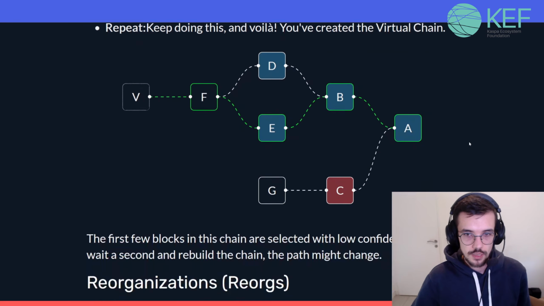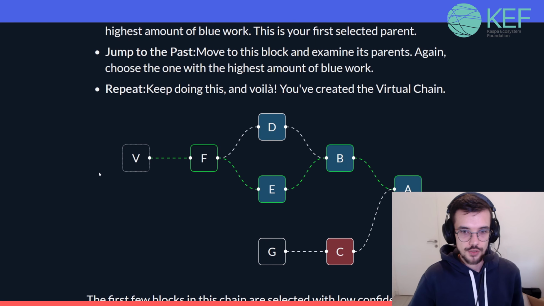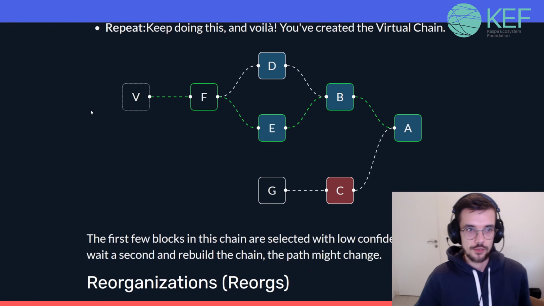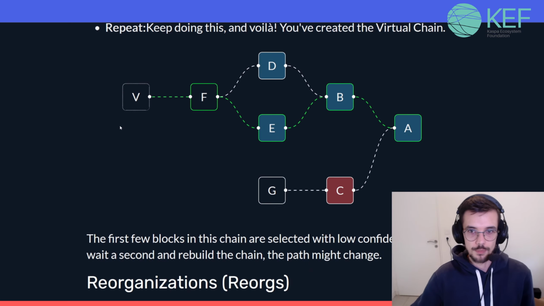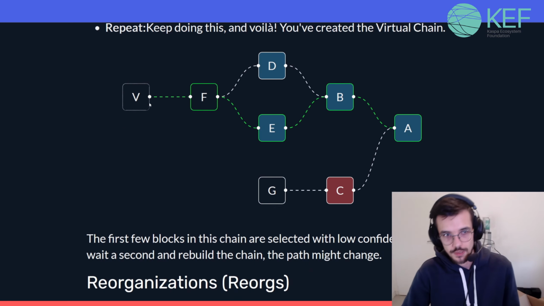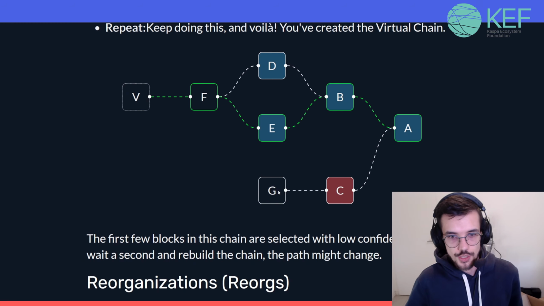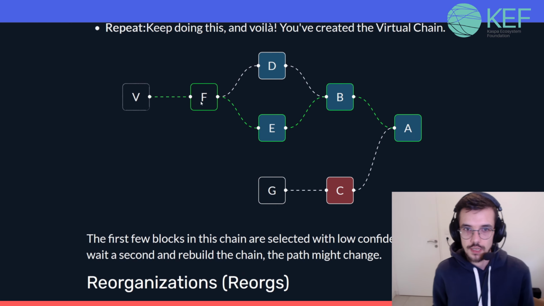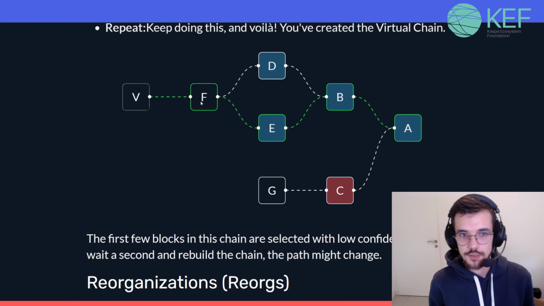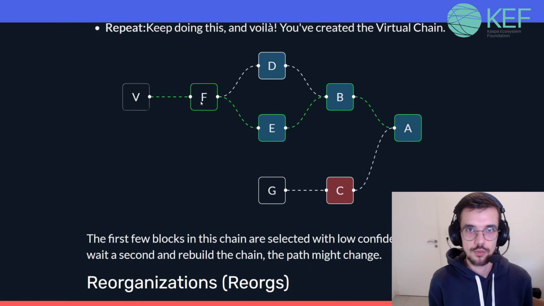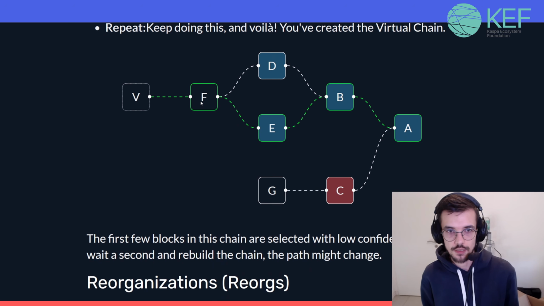Now let's introduce a new virtual block that is in the future. So V is a non-existent block yet. It's in the future, it's virtual. From its perspective, it sees all of the tips of the DAG, G and F. And we're going to build this green line, which represents the virtual selected parent chain.